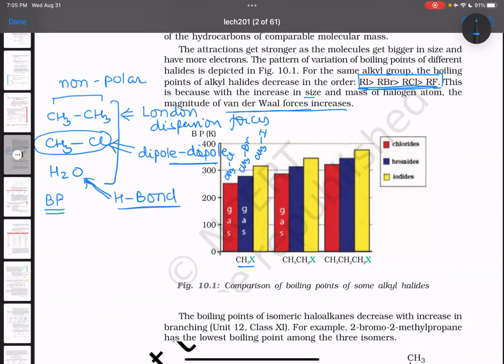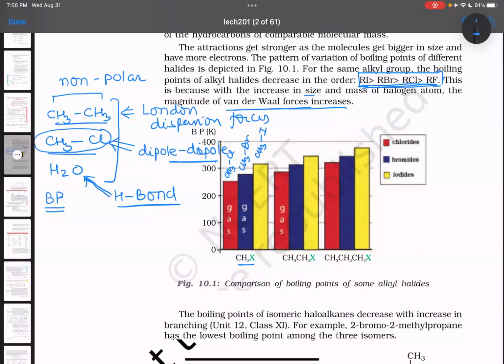Always remember this. As you move towards stronger and stronger interaction, the molecules will be held more strongly and the boiling point is going to increase. So the boiling point of water is greater than CH3Cl, and CH3Cl will be higher than alkane.